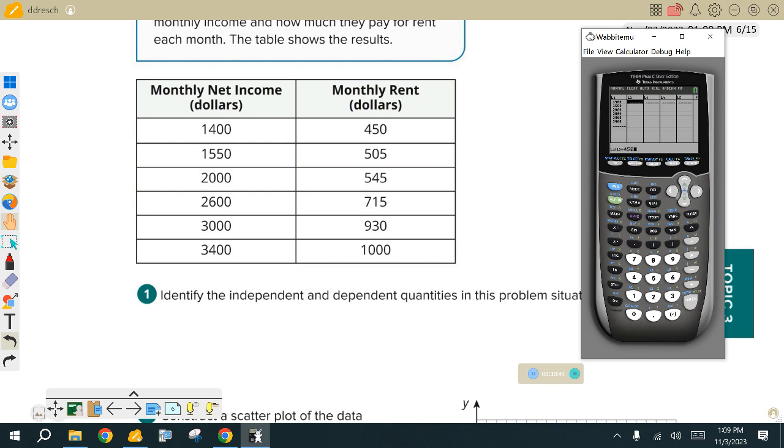Yesterday, somebody was working on Delta Math in my 6th hour. They said they typed in everything correctly. When I looked at their calculator, they did not. They typed in like 5 on the left and 6 on the right, so it wasn't matching up 1 to 1. So always do a double check that you typed in your data correctly. When we're doing ours, we're going to the thousands.